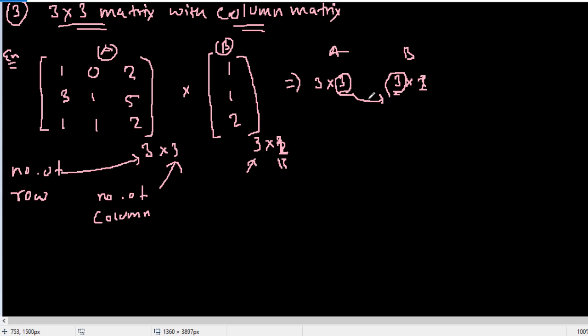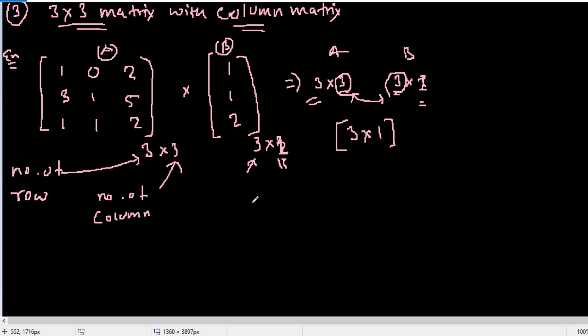So our basic criterion to multiply matrices is fulfilled. So we can proceed to get the multiplication, and the matrix that comes out is of order 3 cross 1. The matrix that comes out after multiplication of a 3 cross 3 matrix into a column matrix is of order 3 cross 1.